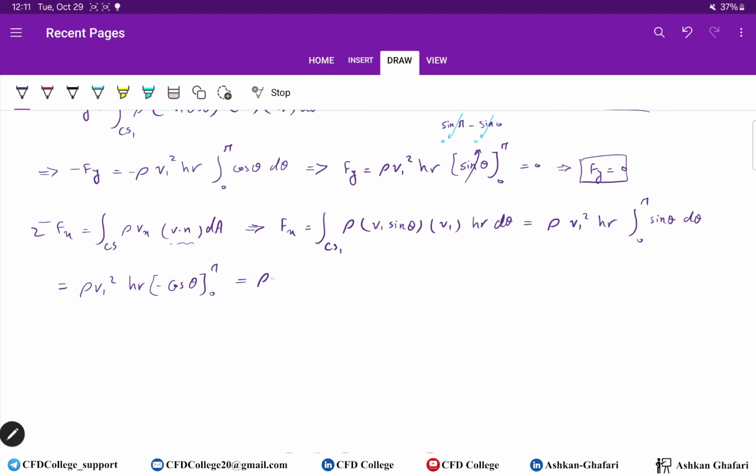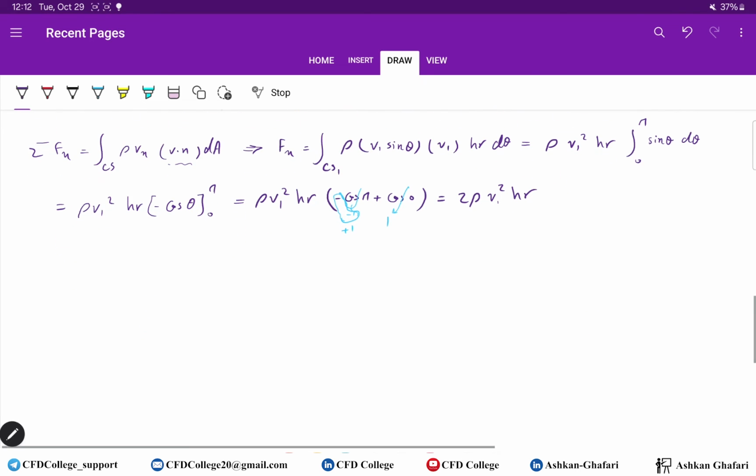It's equal to rho V1 square h r times minus cosine of pi plus cosine of 0. So this is 1, this is minus 1, we have another minus, so it's positive 1. So it's equal to 2 rho V1 square h r.